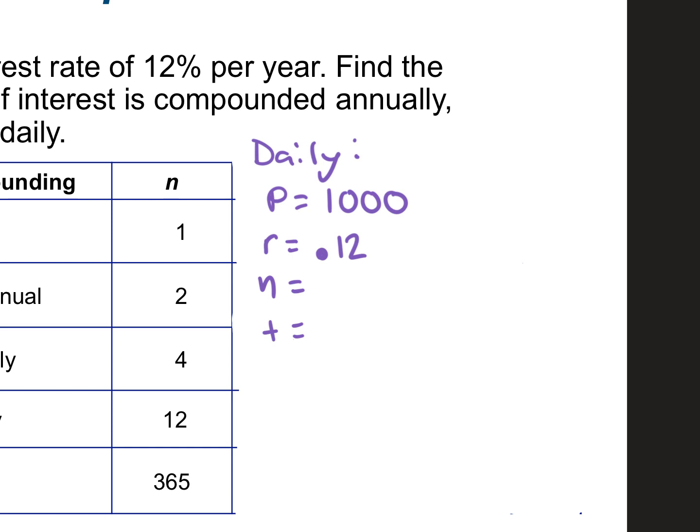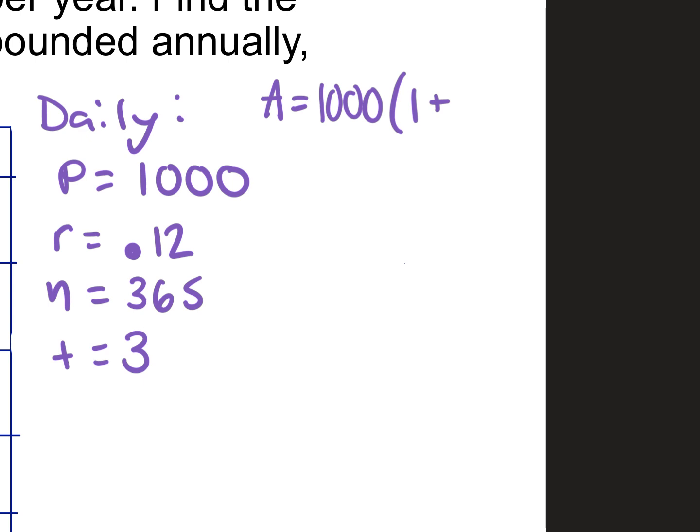What's N? 365. And what's T? 3. So let's plug it all in. We have A is equal to 1,000 times 1 plus 0.12 over 365 to the power of 365 times 3.